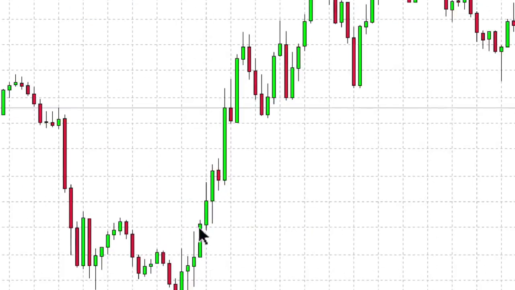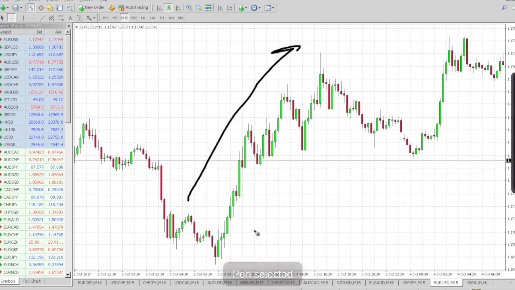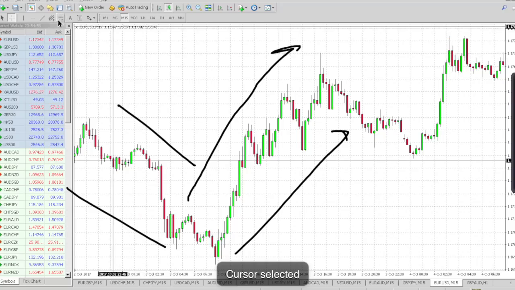Each candle represents 15 minutes. As a day trader, I will usually go for 20 or 30 pips, and I'm out.